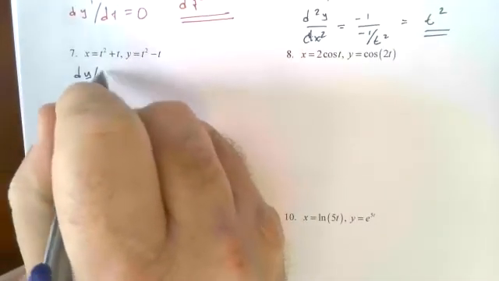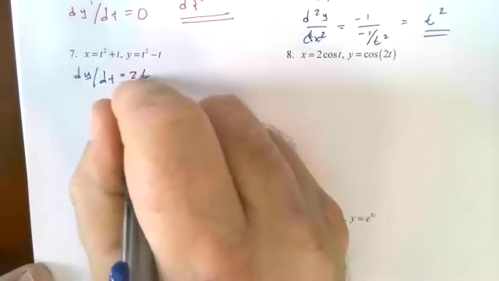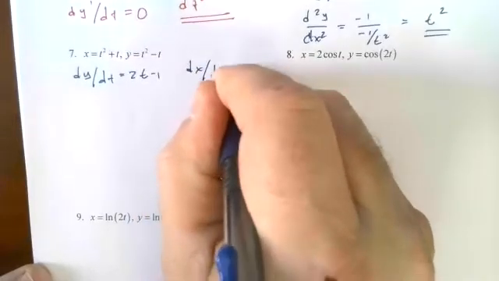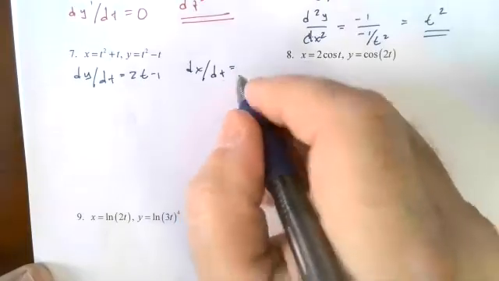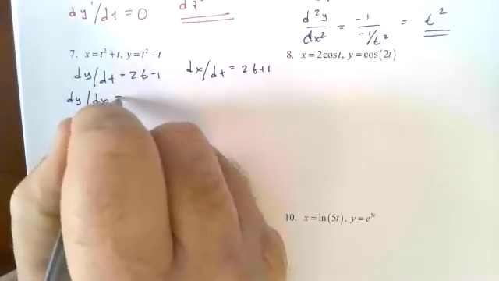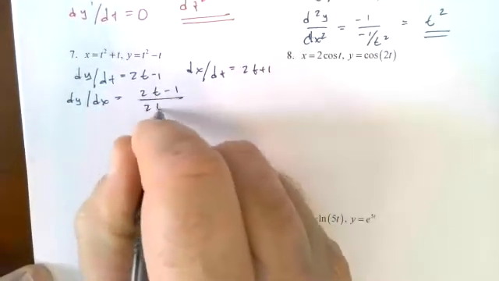dy/dt equals 2t minus 1. There's really not enough room on this one, so be economical. dx/dt is 2t plus 1. dy/dx is 2t minus 1 over 2t plus 1.